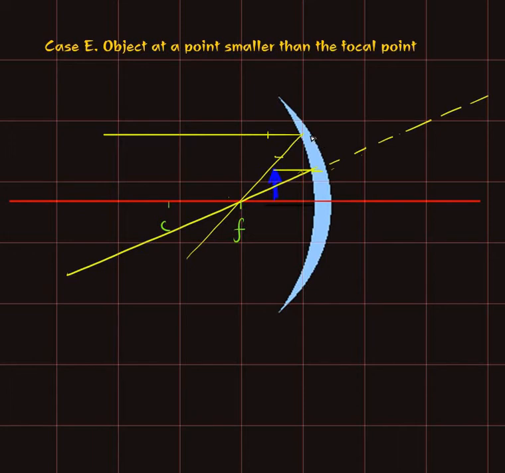If we go the other way around, this way, and you do the dotted lines, look what's going on here. The lines converge, and that means that here is where the image is forming.